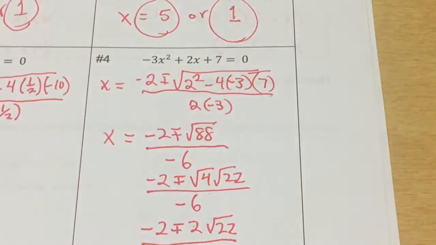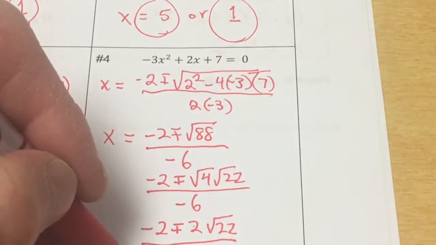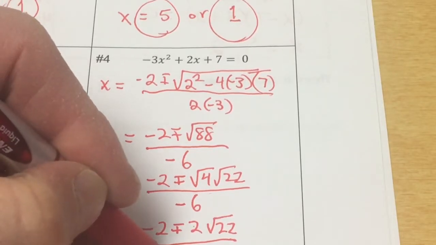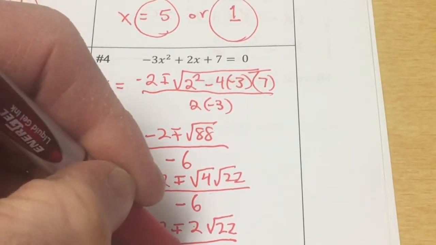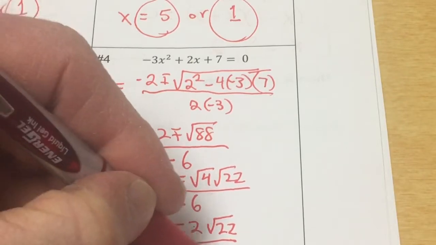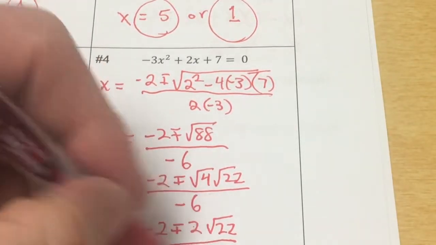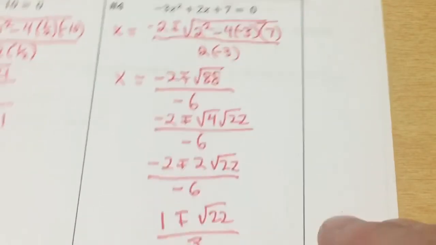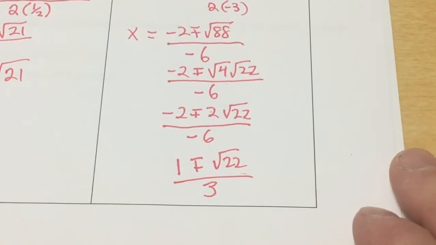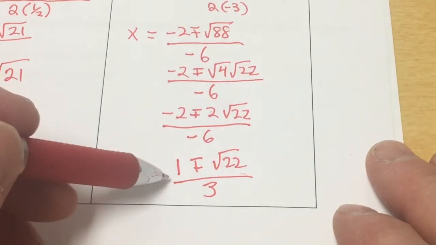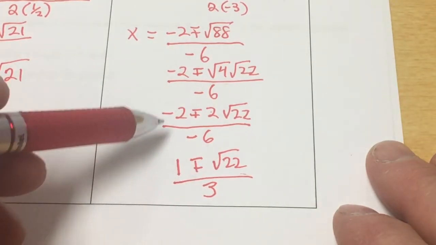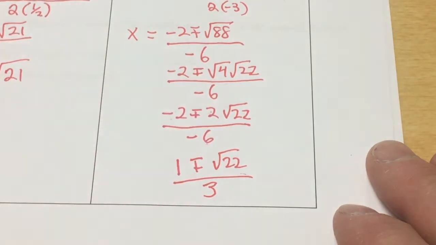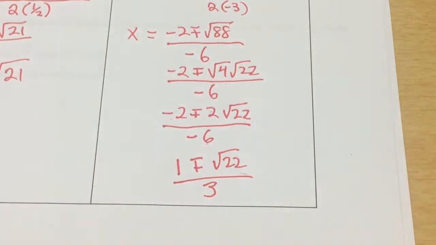These 3 all divide by negative 2. So that's going to leave 1 plus or minus 1 root 22 over 3. So 1 plus or minus root of 22 over 3. So we divided all 3 of these by negative 2.